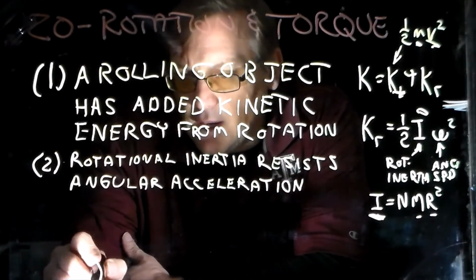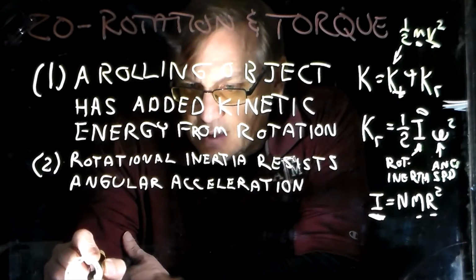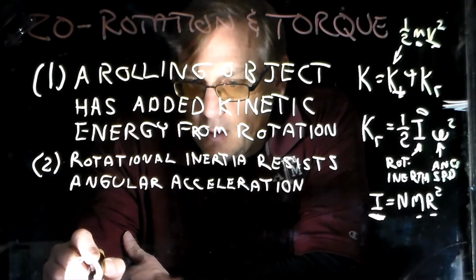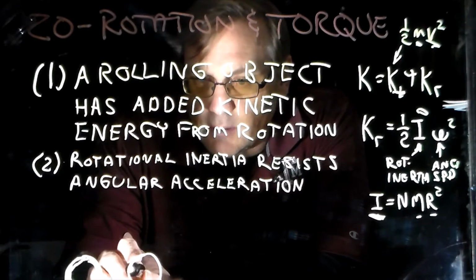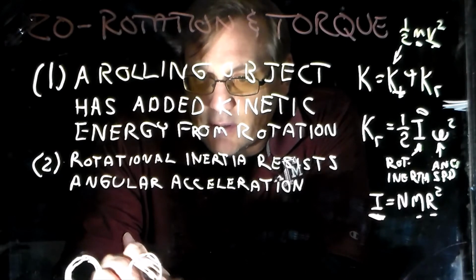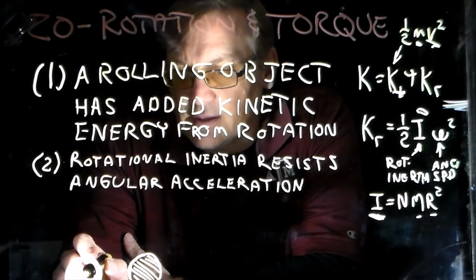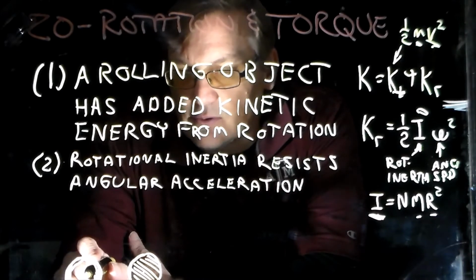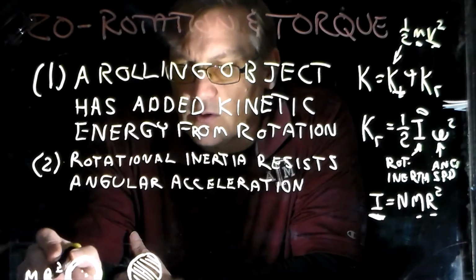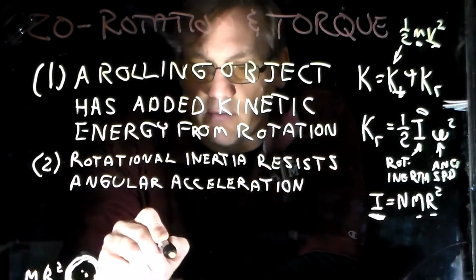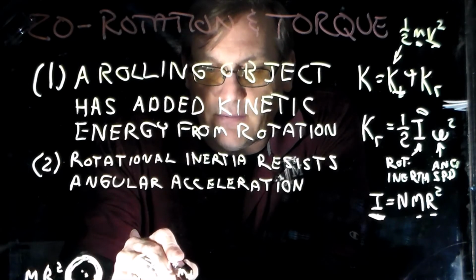Let's say you had a tire, which is basically all your mass at the edge, and then you had a thin rubber cylinder, like that. They have the same mass, so they're just as heavy, but the tire is going to have a greater moment of inertia. Rotational inertia is mr squared, the mass times the square of the radius, whereas the cylinder is going to have less of that. It's going to be exactly 1/2 of that.